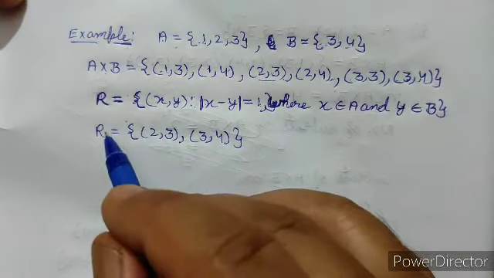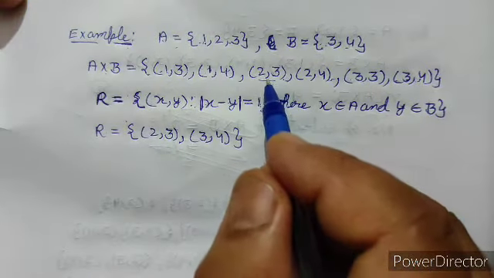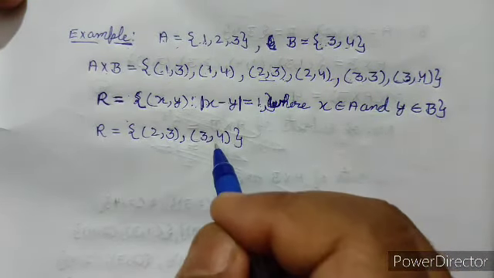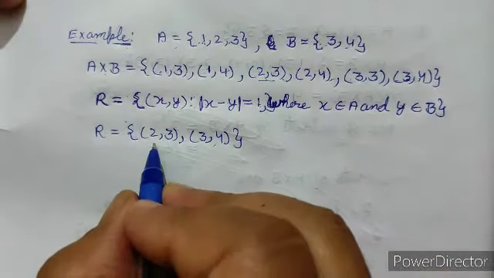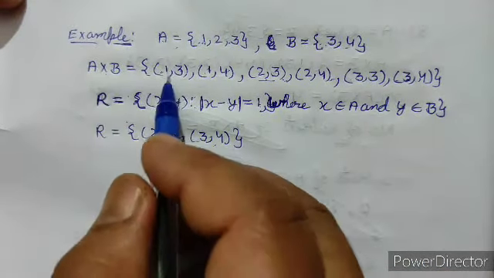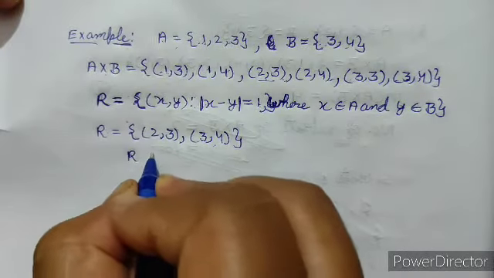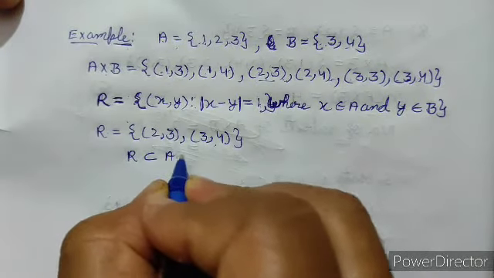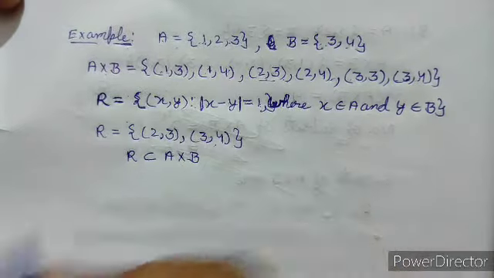So this R will have only two elements, that is (2, 3) and (3, 4). Now if you see here, the elements of R are present in A cross B. That means this R is a subset of A cross B.